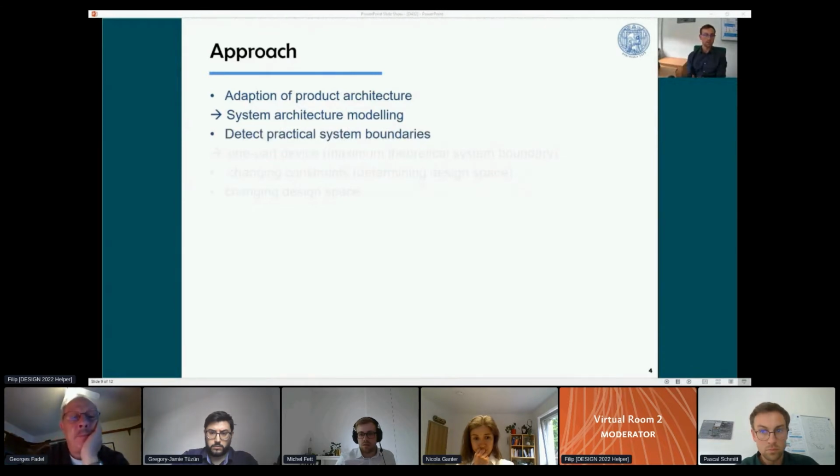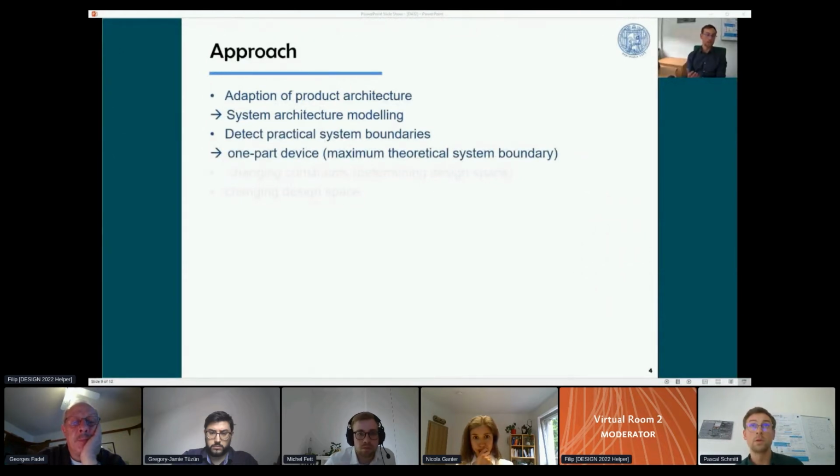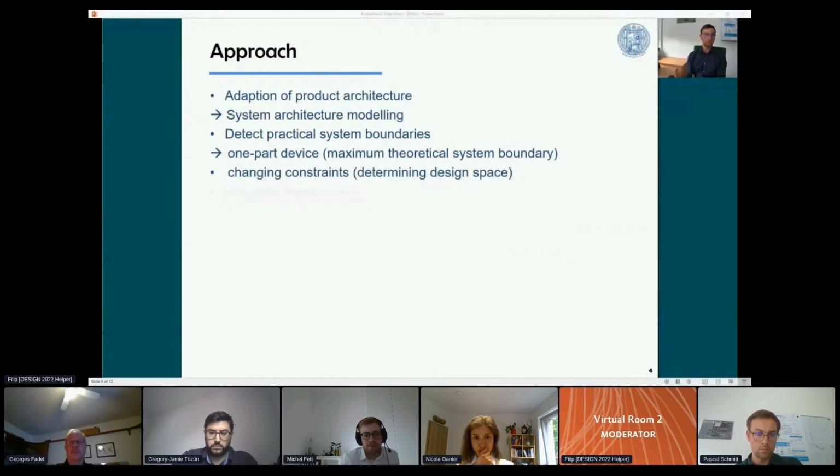For the detection of the practical system boundaries, the student decided on a one-part device by Ernstspiel, which starts with the maximum theoretical system boundary. I will focus in this presentation on the last 2 points, changing constraints by determining the design space and changing the design space, because these were worked on with the function modeling approach.